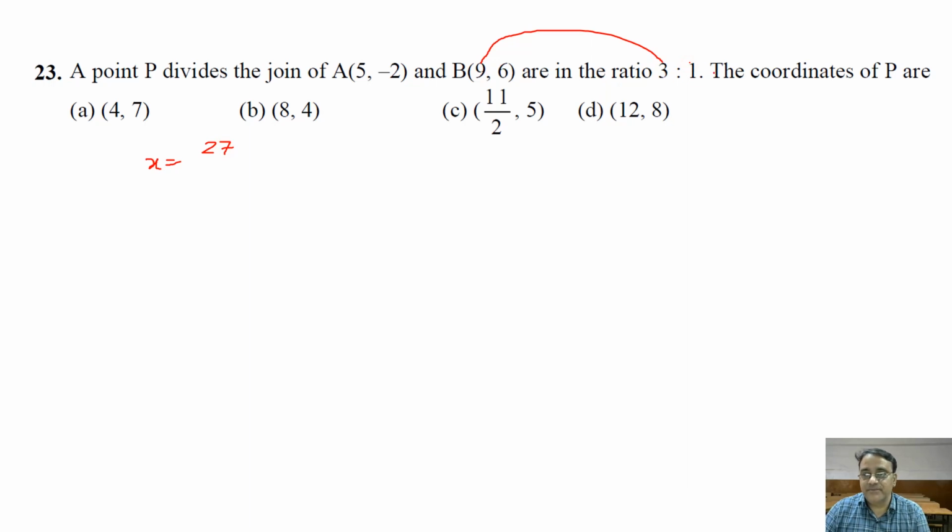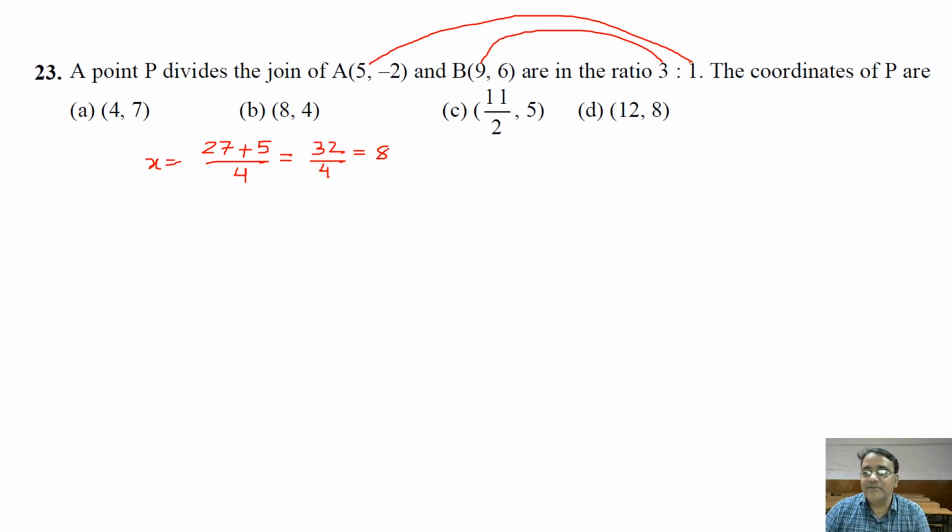M1 x2, right, and M2 x1 plus 5 upon M1 plus M2, that is 4. So कितना आ रहा है देखो, 32 by 4. What is the answer? 8.